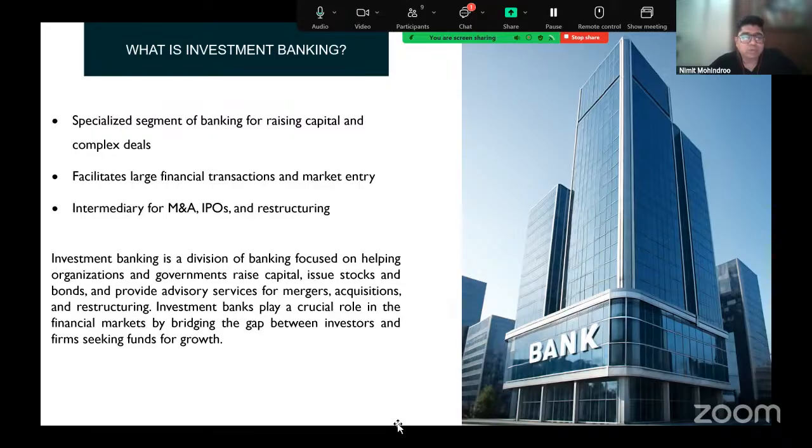Investment banks play a crucial role in financial markets by bridging the gap between investors and firms seeking funds for growth. All of us are aware of IPOs and mergers and acquisitions, all these big terms we have heard of. All this comes under investment banking, handled by investment banks, right?